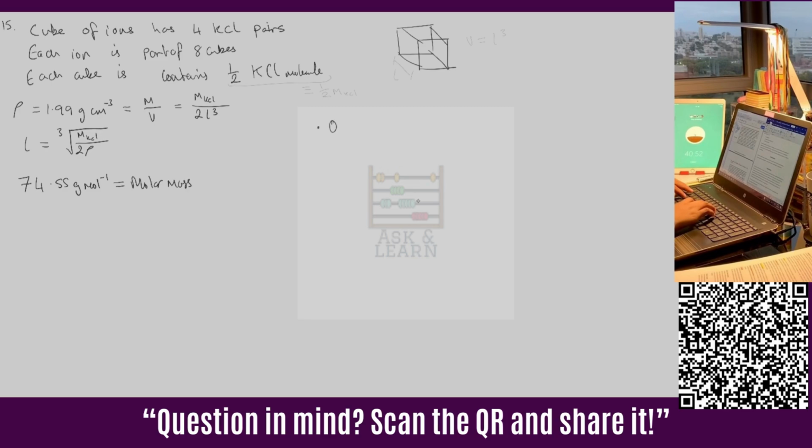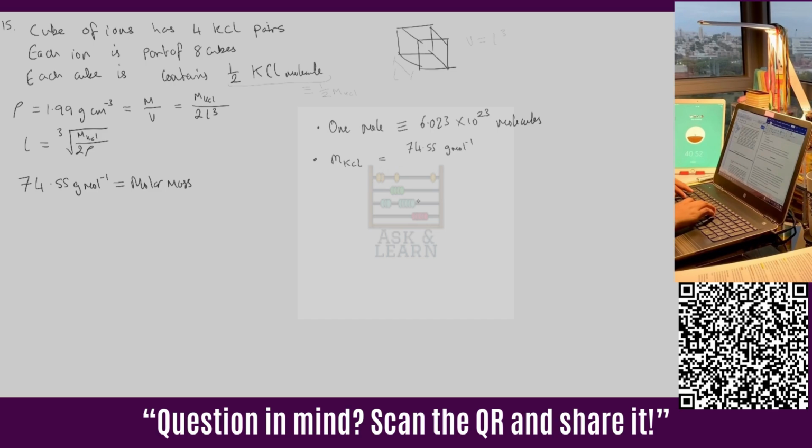In 1 mole of substance, we have 6.023 times 10 to the 23 molecules, right? So in order to get the mass of a molecule, we can put this all together and say that the mass of one molecule, where mKCl denotes this, is equal to the molar mass, which is 74.55 grams per mole.